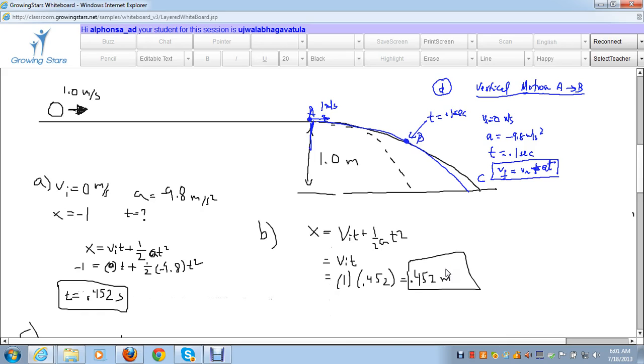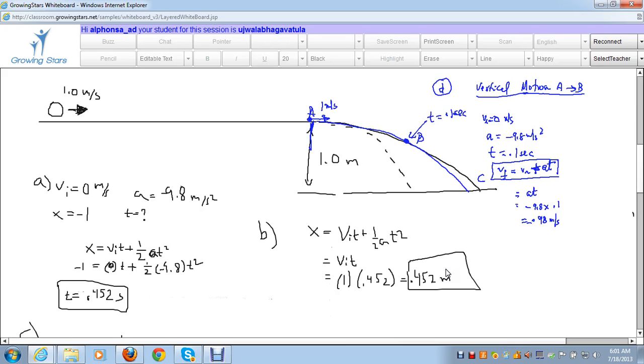Negative 0.98. Can you do it on the whiteboard? Vi is 0, so just At only. Negative 9.8 times 0.1, so 0.98. Are you getting? Yes. Negative 0.98 meter per second.